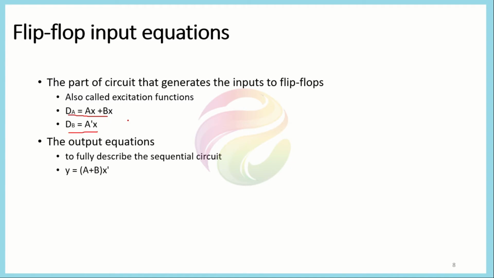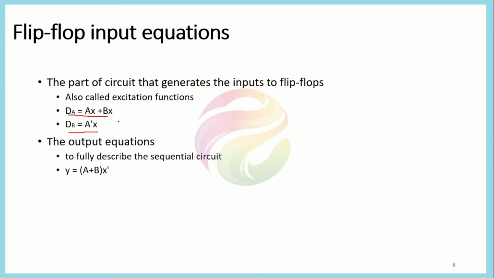And because of the functionality of the D flip-flop, the input is directly connected to the output at the next clock transition. So the value of DA is equal to the value of A(t+1). Both of them would be equal to the same equation.